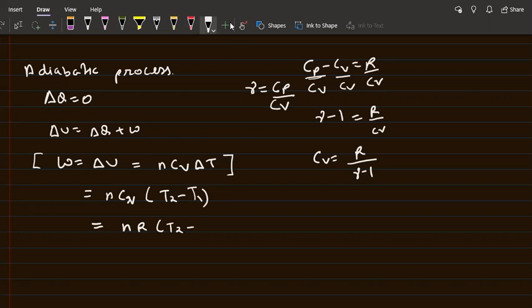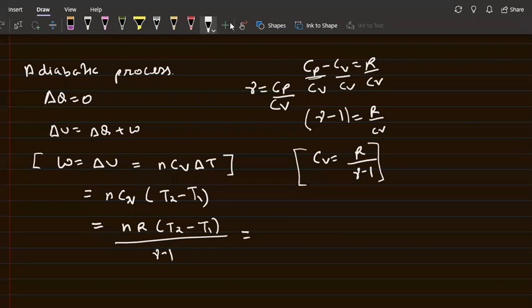Cp by Cv is gamma, Cv by Cv is 1, R by Cv. Then we just cross multiplied. Gamma minus 1 will go this side and Cv will come this side. So Cv is equal to R by gamma minus 1. So I just replaced Cv with R by gamma minus 1. Got it? Everyone got this?